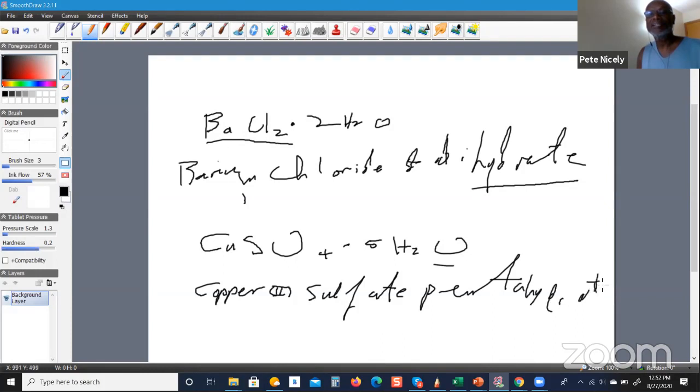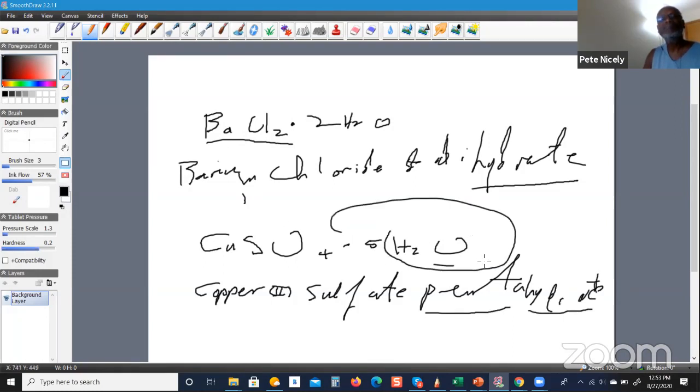So that's the name of this compound, copper 2 sulfate pentahydrate. Again, the penta indicates the number of water molecules, and the hydrate indicates the presence of the water molecules. So that's basically how we name these compounds.